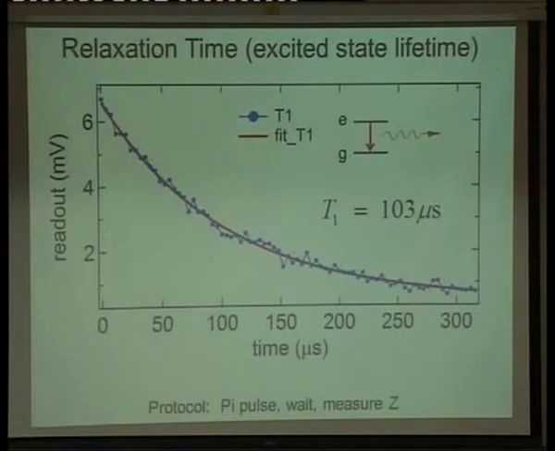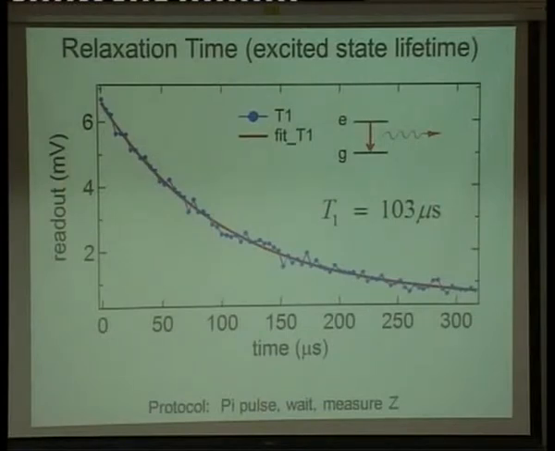Then you measure, and I'll explain how we measure whether the qubit is still in the excited state. You repeat this measurement roughly 100 billion times, on average, and you get this nice exponential decay due to the qubit spontaneously emitting a photon and falling to the ground state. And the decay time, T1, is 103 microseconds.